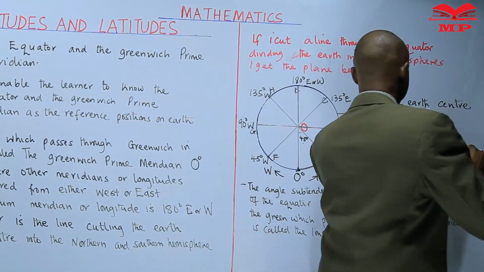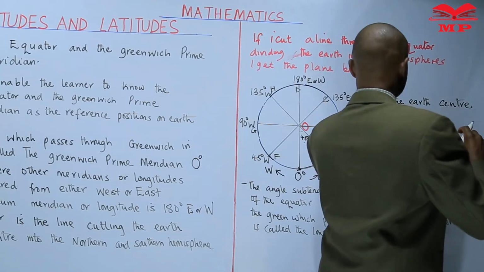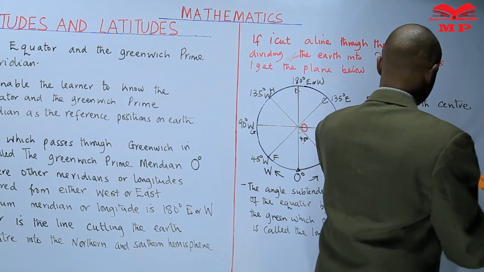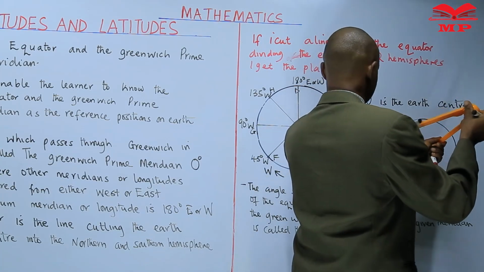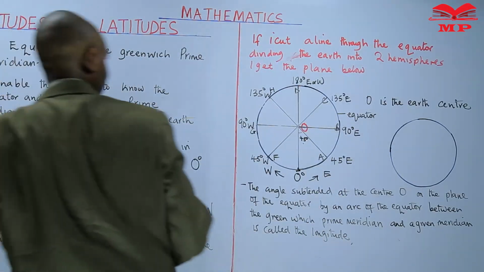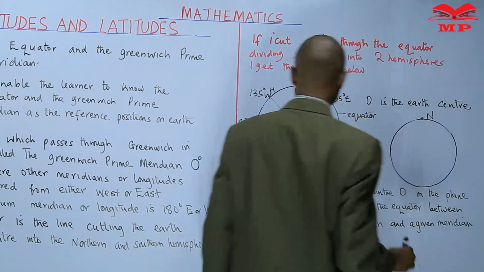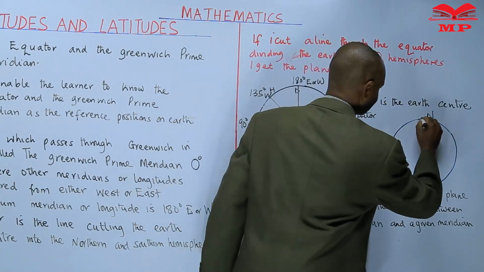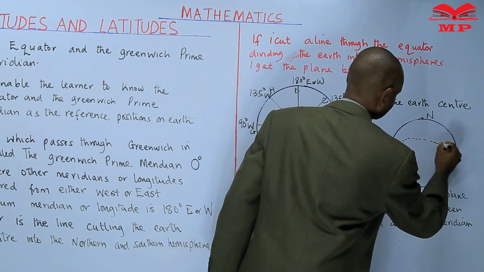When I come and draw that, I've just cut that, but I can also show it as a small globe, because one will wonder. So there I cut at the equator, but on the globe, this is what will appear. If I'm drawing that line at 0, this will be the equator.